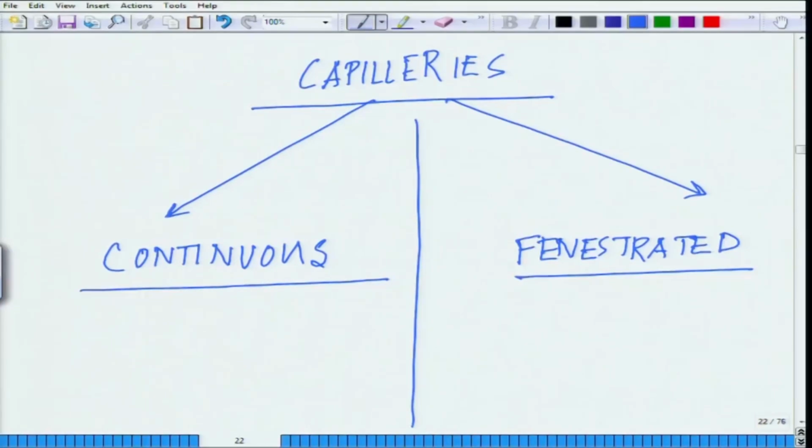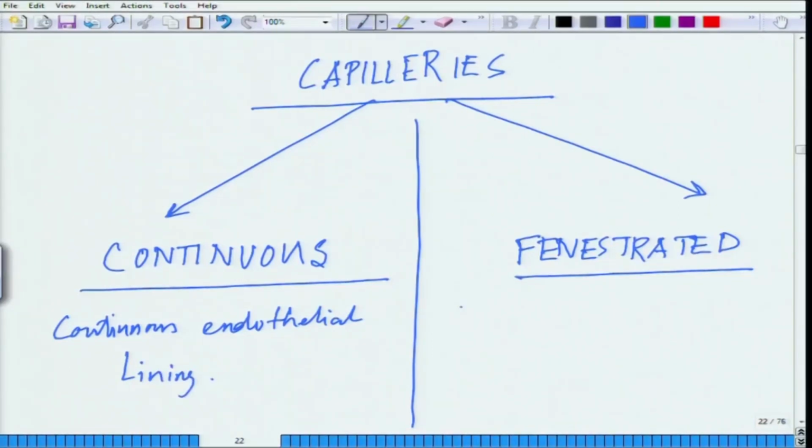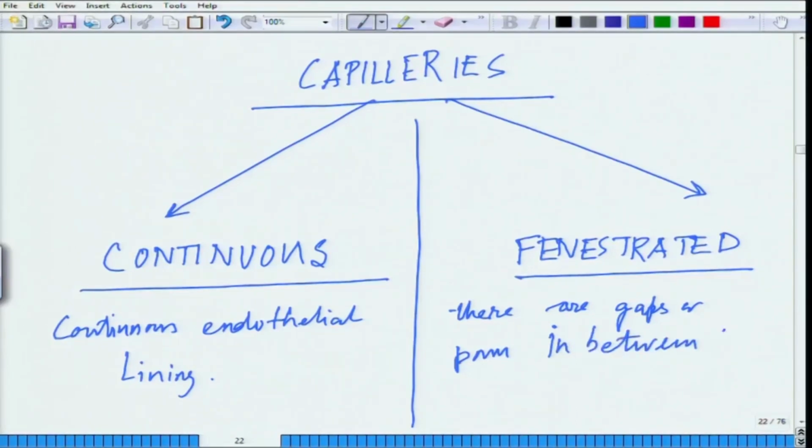So, the continuous capillaries have a continuous endothelial lining, whereas in the case of fenestrated capillaries, there are gaps or pores in between the endothelial lining.